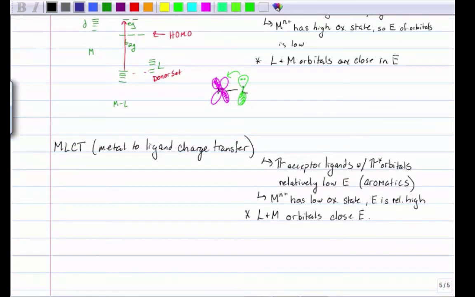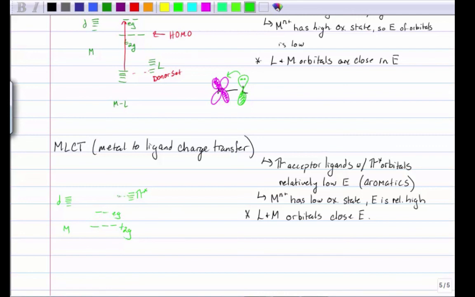So I'm going to draw a sketch here where I have my d metal orbitals over here. I'm going to put a pi star set that's relatively low for a pi star. My T2G and EG, and I'm doing, of course, octahedral, but it doesn't need to be.